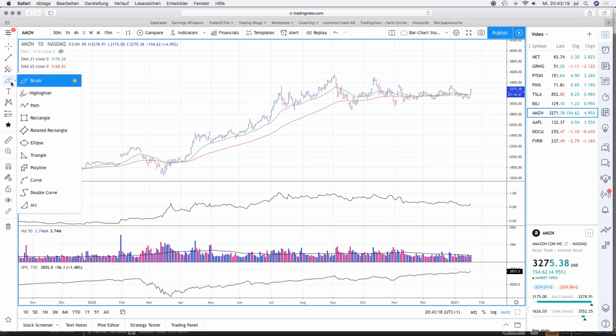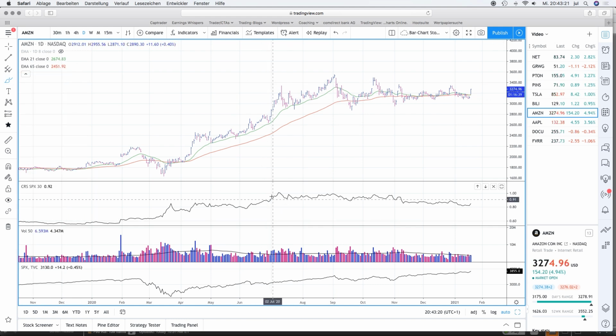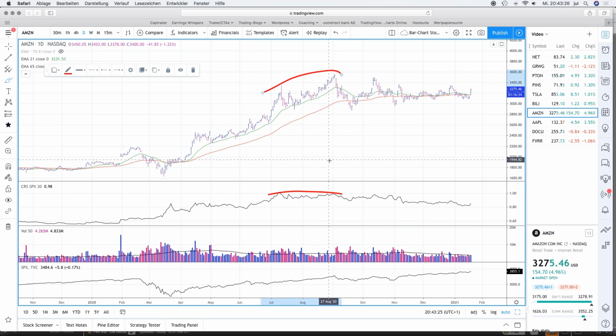When there is a divergence to the RS line, two things happen very, very often. The first thing is the stock will turn into consolidation or a slight correction. And the second thing is you see failed breakouts, because the stock is not strong enough to hold the new highs, and then it turns into a consolidation or correction.